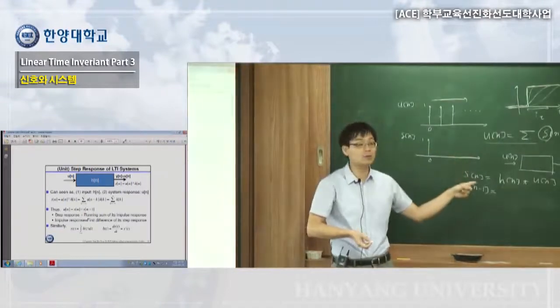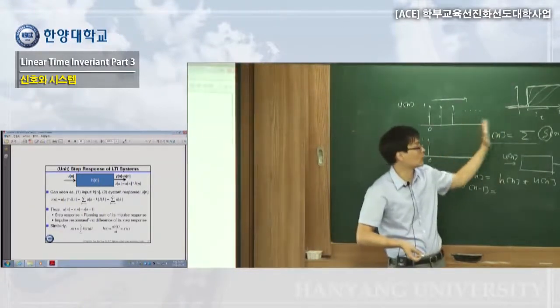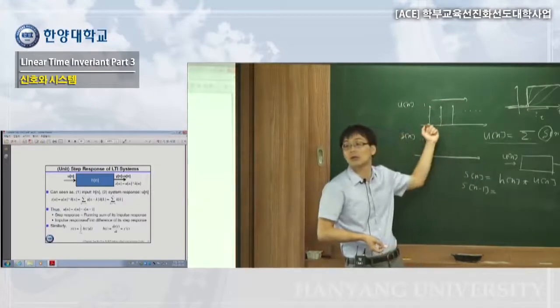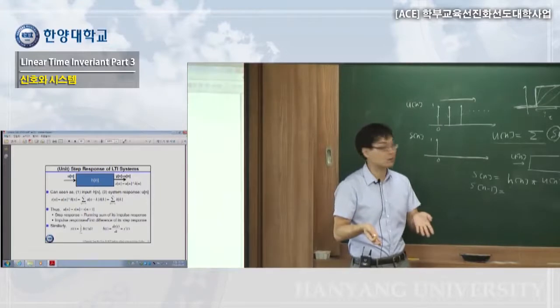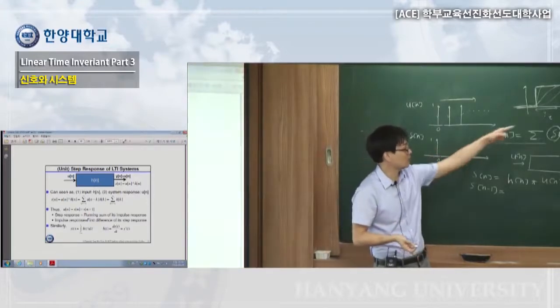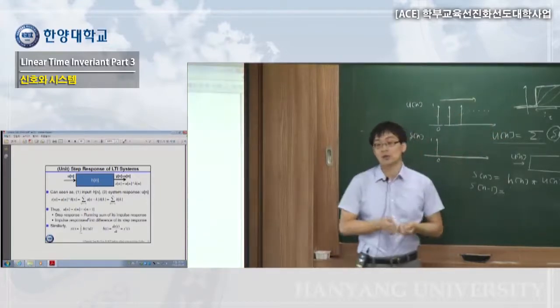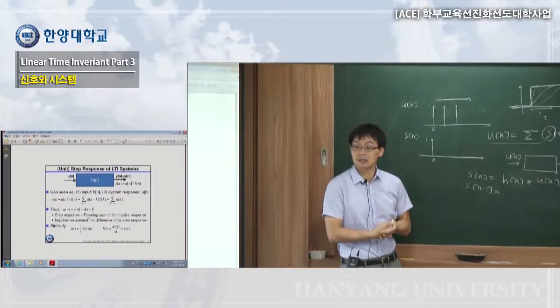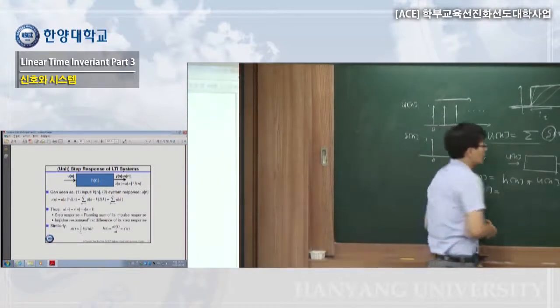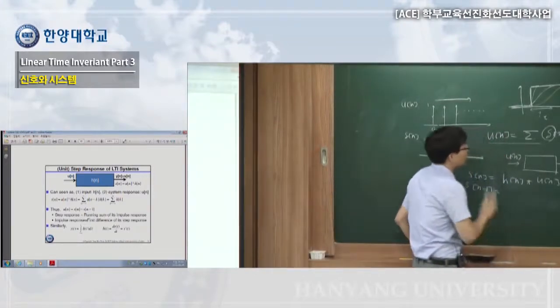Step input, we can view as a time-shifted version of unit function. That's the reason we keep on talking about impulse response with the delta function and step response, which comes from the unit function. So those two are very representative in our case. We can find two things in here.